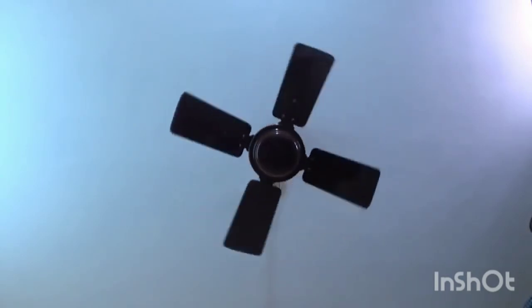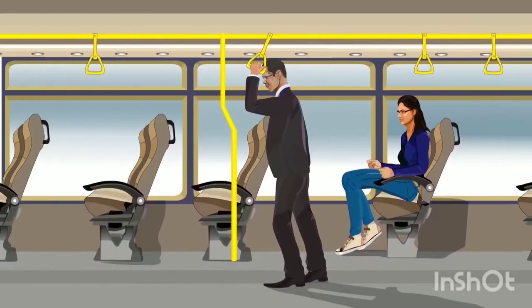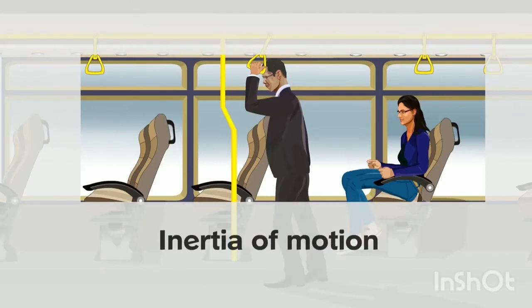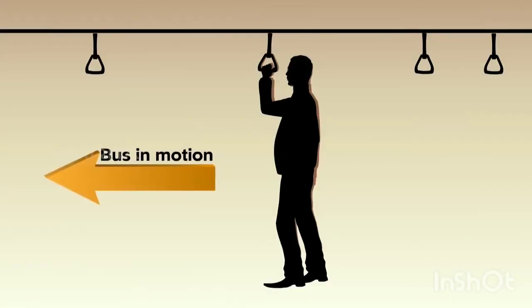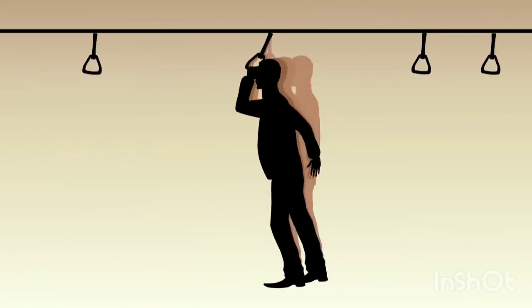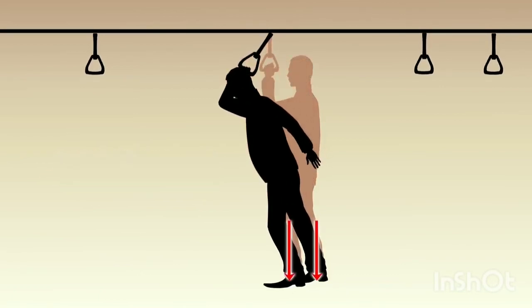Second example: when a moving bus stops suddenly, the standing passengers tend to fall forward. This is because the lower portion of the body, which is in direct contact with the bus, comes to rest, but the upper portion continues the state of motion and moves forward.